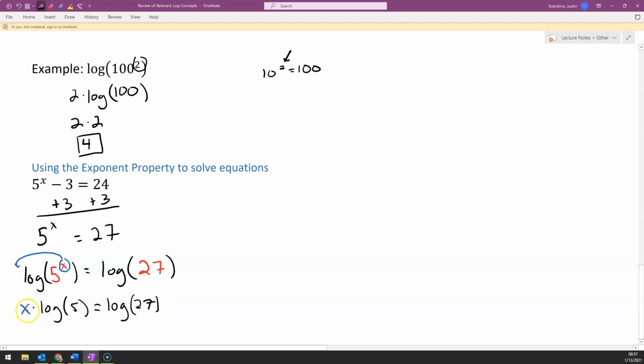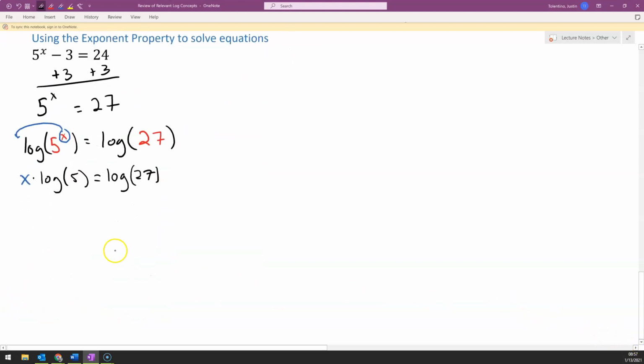And now because the x is out of the exponent, we're able to now solve the rest of this equation. Because if I want x by itself and we're multiplying by log 5, we can just divide by log 5. And when we do this, we get x is equal to log of 27 divided by log of 5.